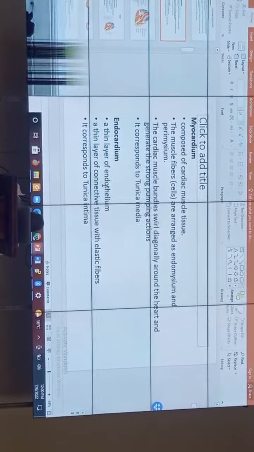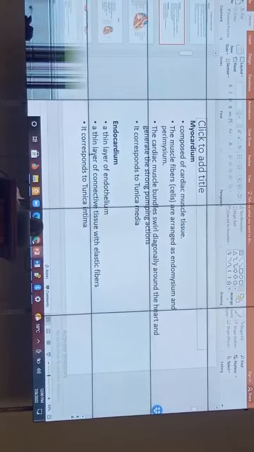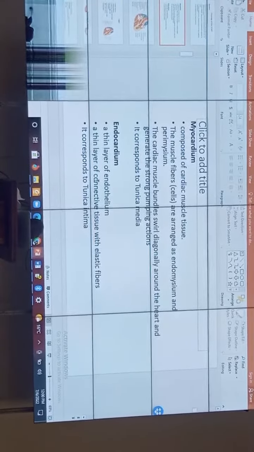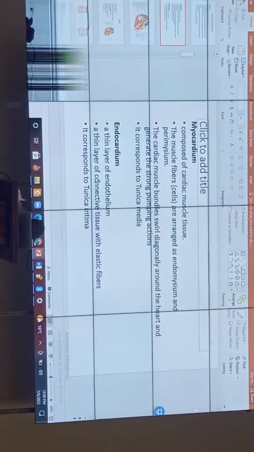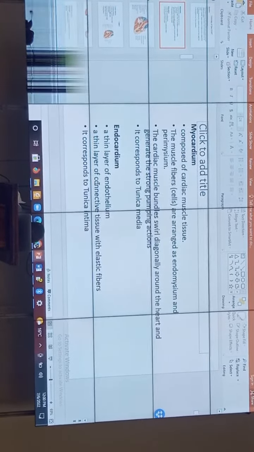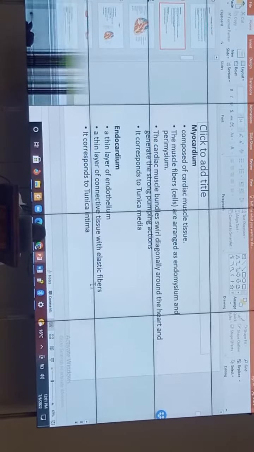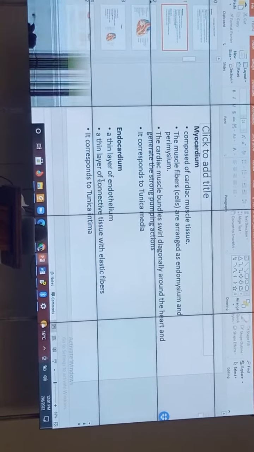Surrounding the endothelium in the heart, we have a small, thin connective tissue layer, which we are going to call the subendothelial layer. This layer of connective tissue, rich in collagen fibers as well as elastic fibers, surrounds the endothelium.